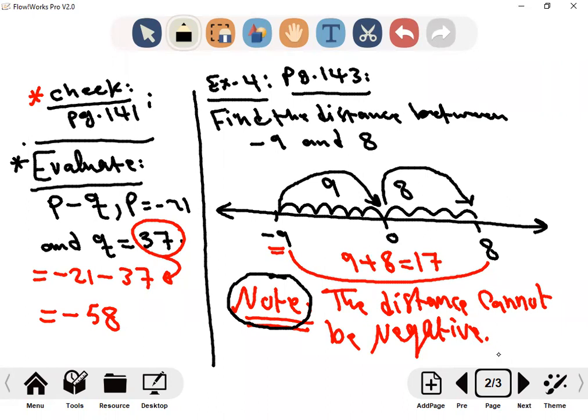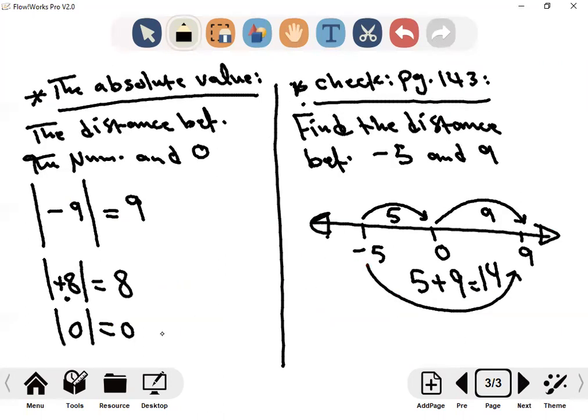So the distance is always either 0 or what? Or positive. Got it? And these two lines here are the shortcut for the absolute value. When you see them, it means you need to find the absolute value of a number. Is that clear? Yes. Anything else? Nothing. Goodbye.